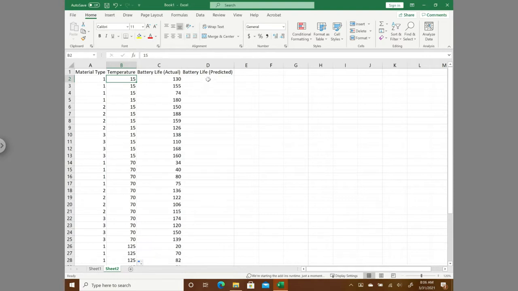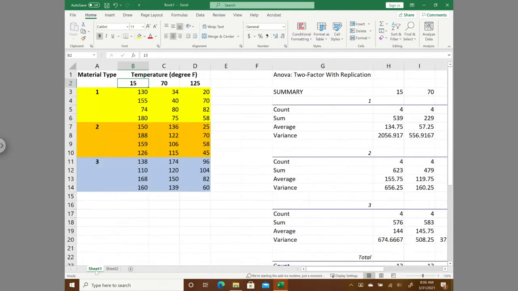Now, what about the predicted battery life? What battery life is the mathematical model predicting for material type 1 and temperature 15? I guess that would be the best guess. For example, if we perform another experiment using material type 1 and 15 degrees Fahrenheit, what battery life do we expect from that experiment? So the best guess would be the average of these four, right?